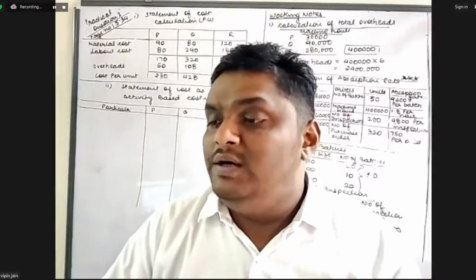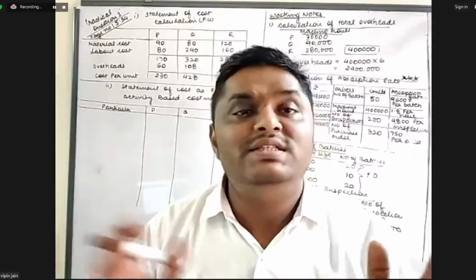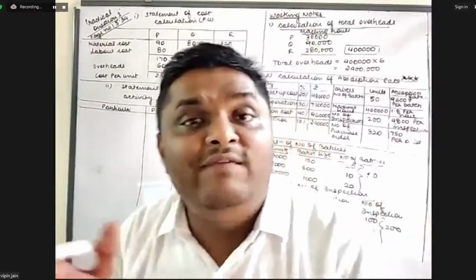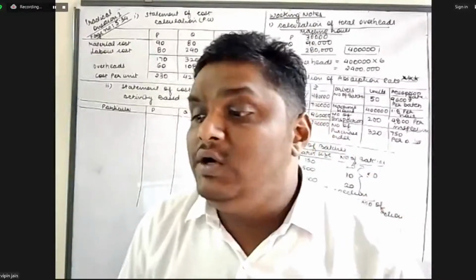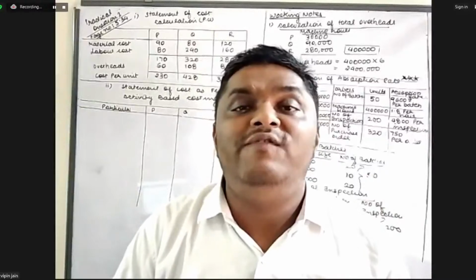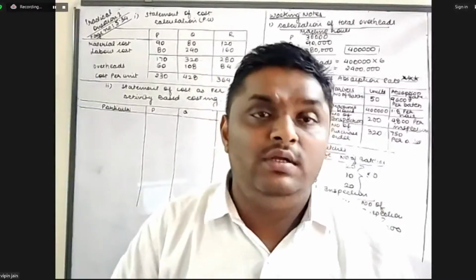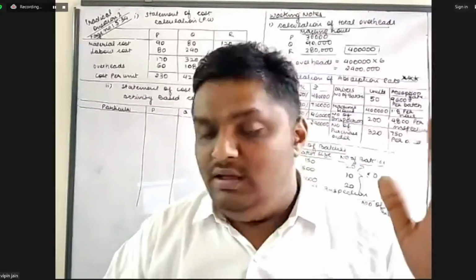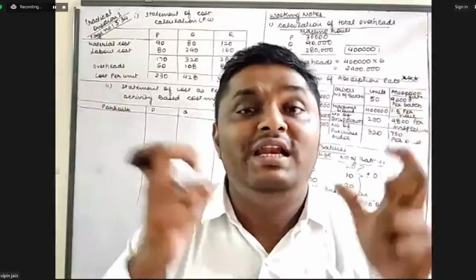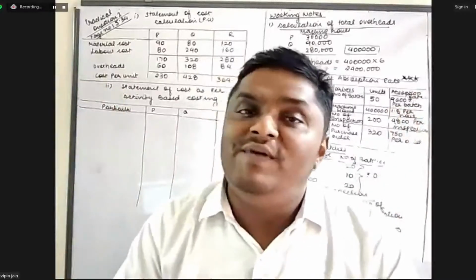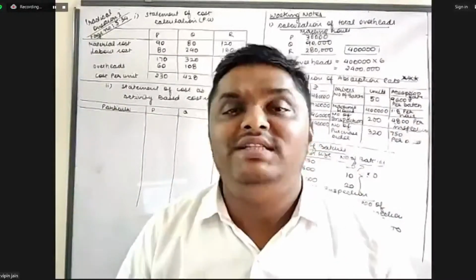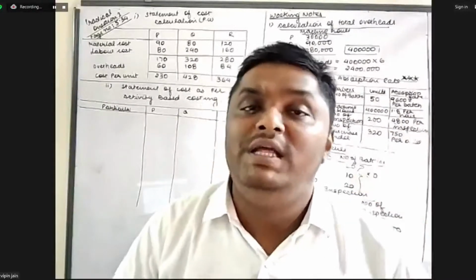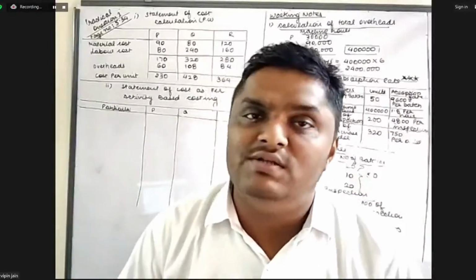I repeat again, when 150 units is the batch size, it means in every batch we manufacture 150 units. And in total, how many units have we manufactured for product P? 3,000. So in every batch we manufacture 150 units, which means a total of 20 batches in which we have manufactured 3,000 units.